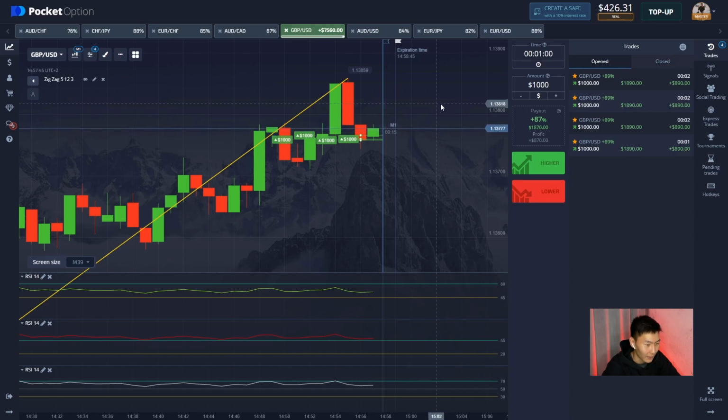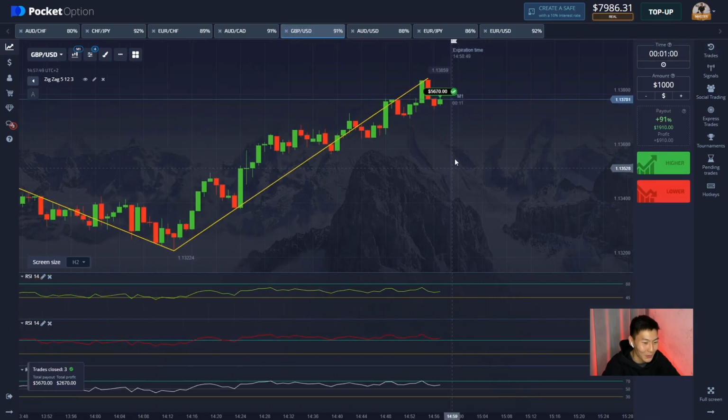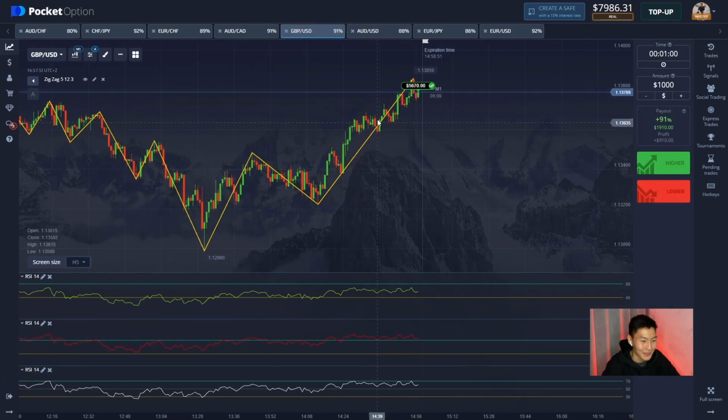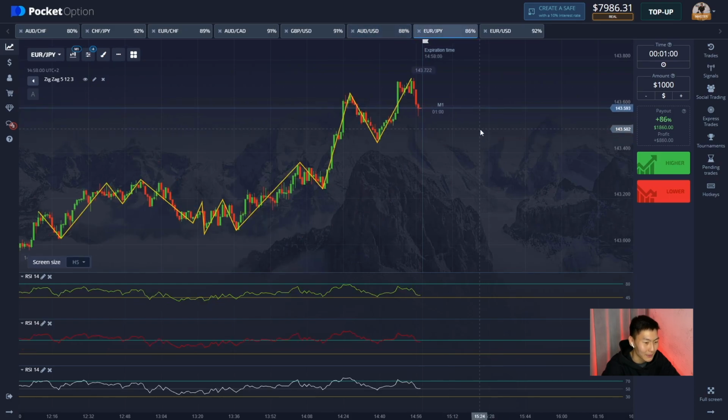And our position is in profit, guys. We got almost $8,000 on our balance, and I think we open 7 more positions in order to consolidate our gains for $7,000, and let's find the best currency pair for that.